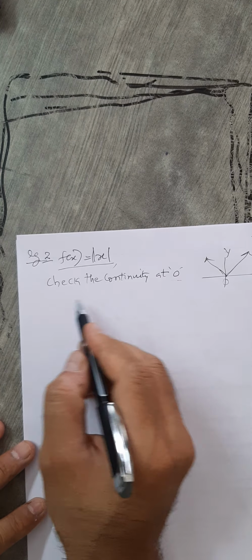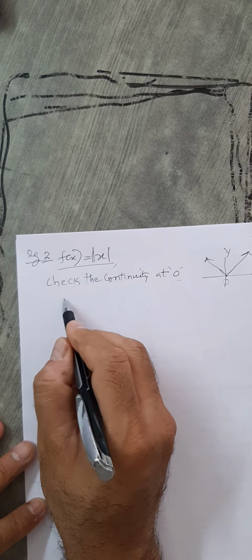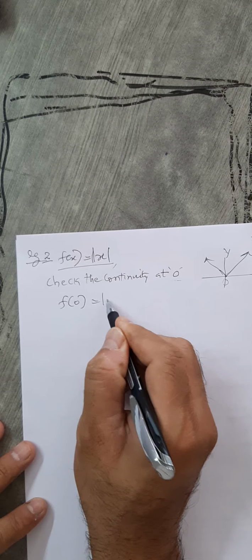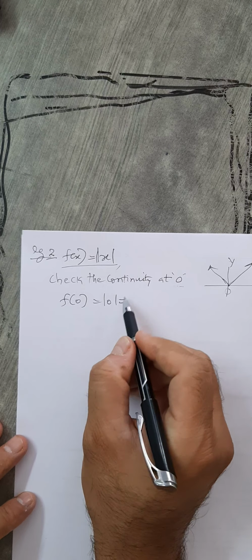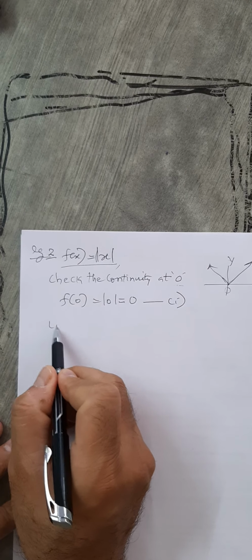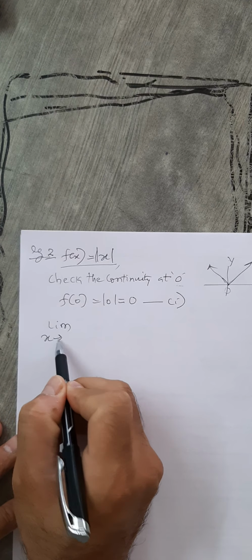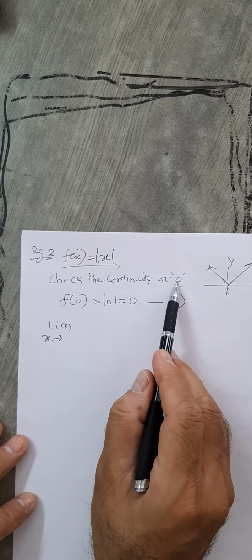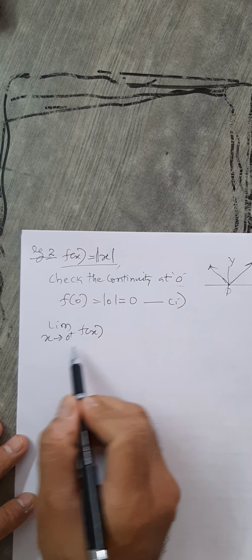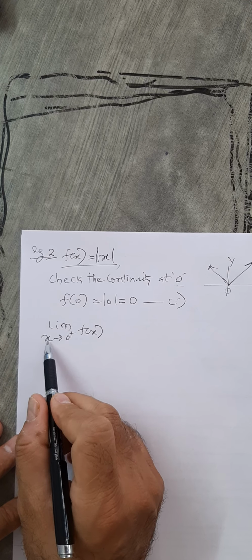So here I need to first find f of c, which is f of 0. What is f of 0? That's the modulus of 0. What's the modulus of 0? It is 0. Call this 1. Now I'll go for the right and left limits. Limit x tends to 0 from the right of f of x.